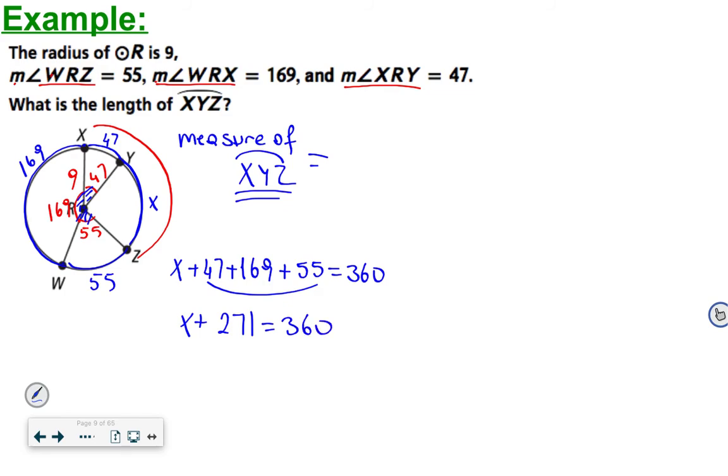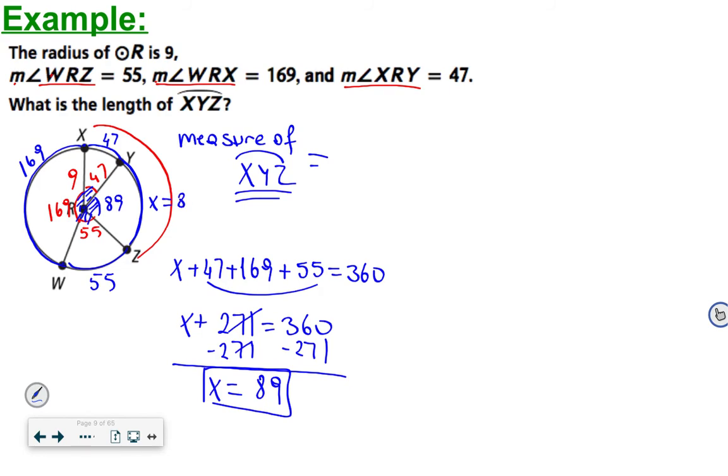To be able to find the measure of x, subtract 271 from both sides, and x is going to become 89. I found that this part is 89 and this is 89 as well.